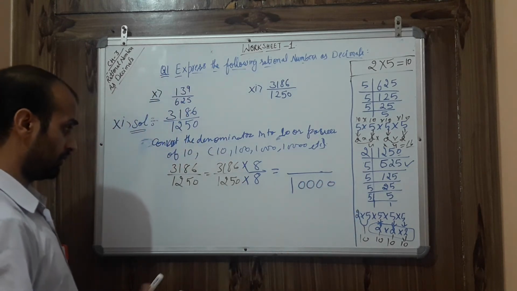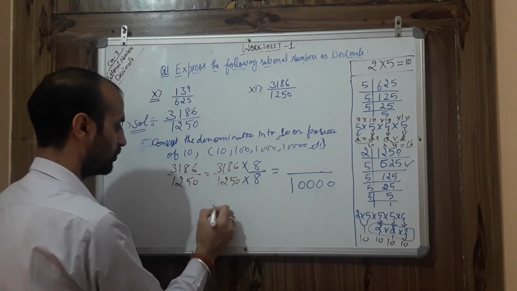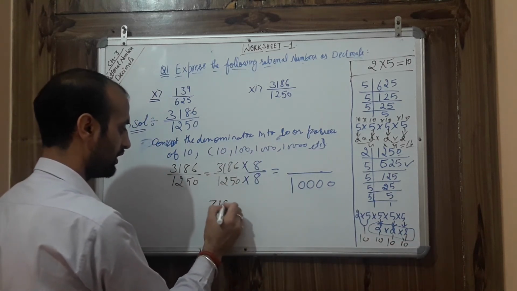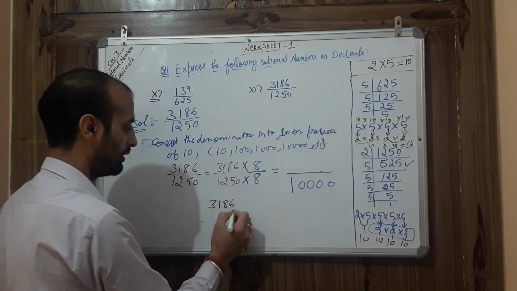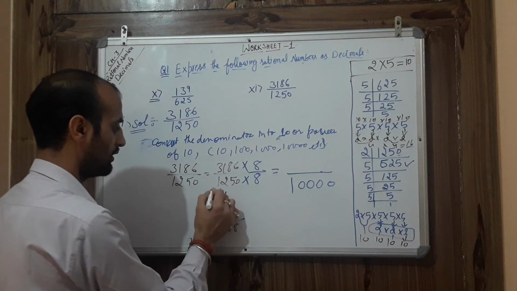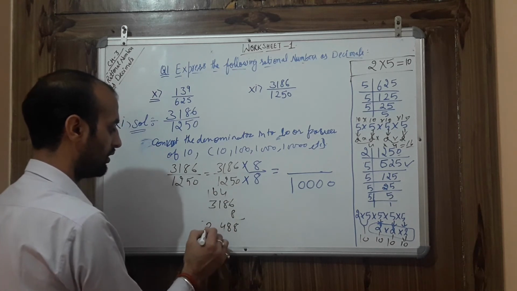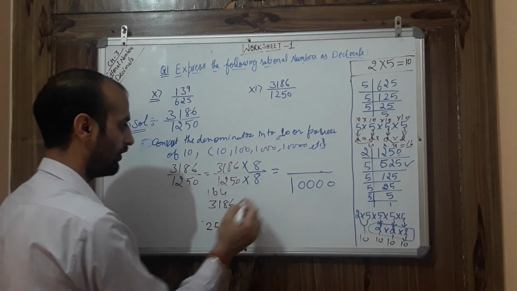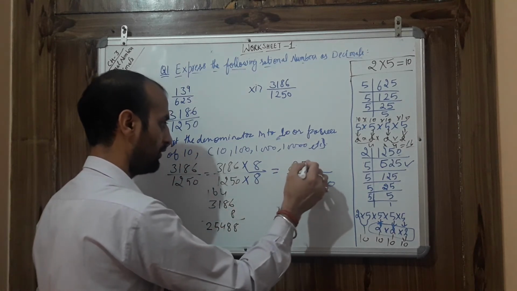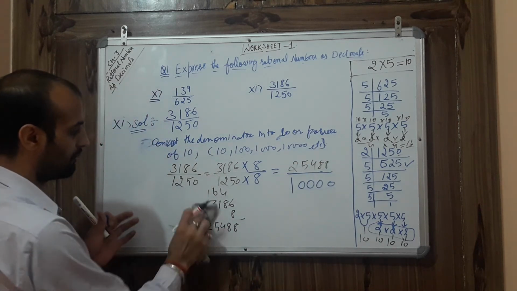Now this multiplication is over by this method, and the upper one you need to do. That is 3186 multiplied by 8. 8 sixes are 48. 8 eights are 64 and 4 makes 68. 8 ones are 8 and 6 makes 14. Carry 1. 8 threes are 24 and 1 makes 25. So this is your answer after multiplication.